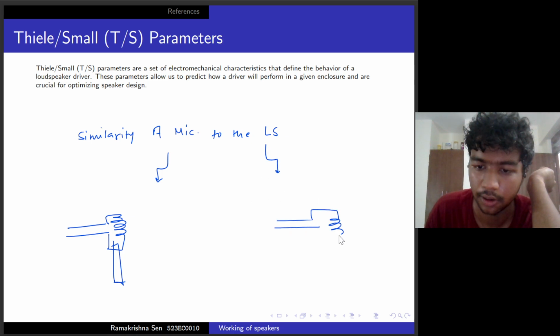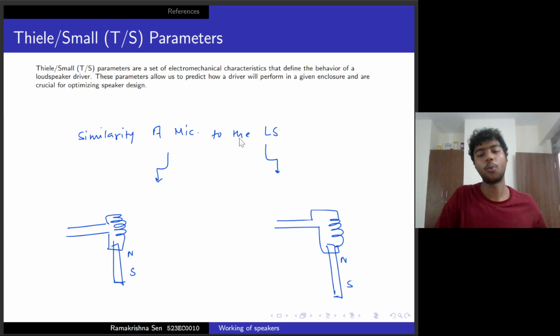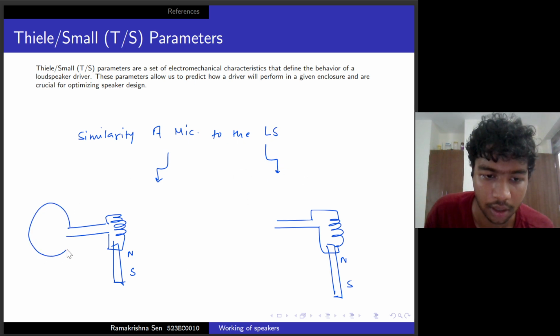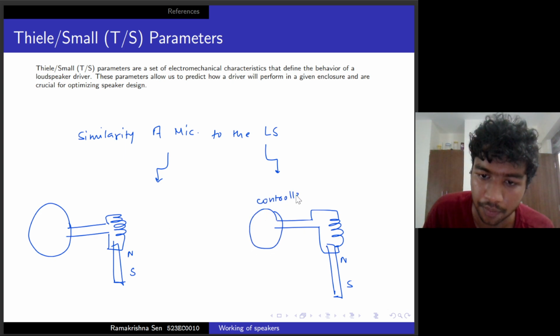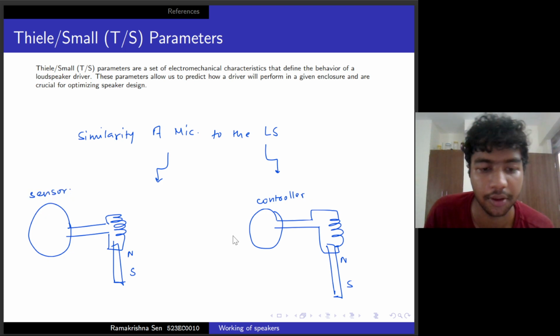So I'll just draw that quickly and put another north and south here. What was the difference between the microphone and the loudspeaker was the controlling element, right? There's a controller for a loudspeaker, and there's a sensor for a microphone.